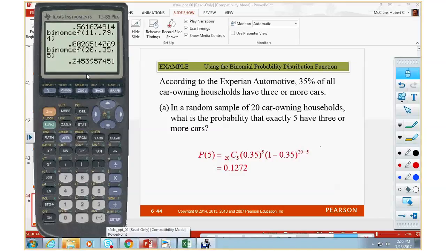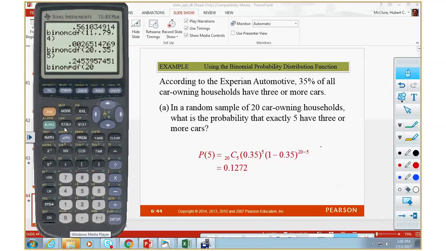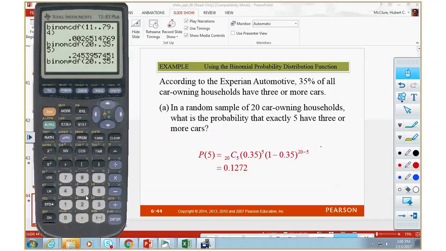Okay, I'm using the wrong one. Second function, it's the other one. Second function, bars. I always forget it. It should be PDF. My bad. I suck. 20, comma, 0.35, and 5. Now see it comes out to be 0.12. There we go. If I made a mistake, it's PDF.